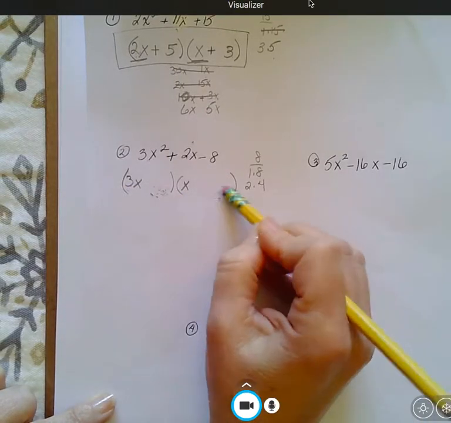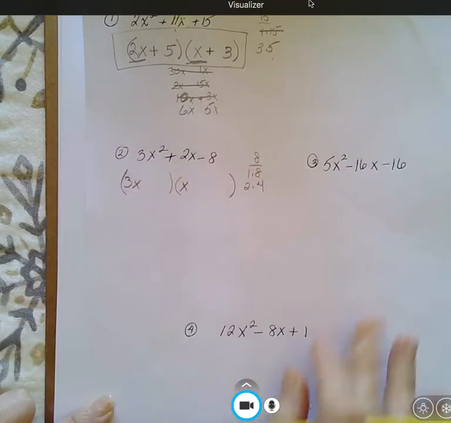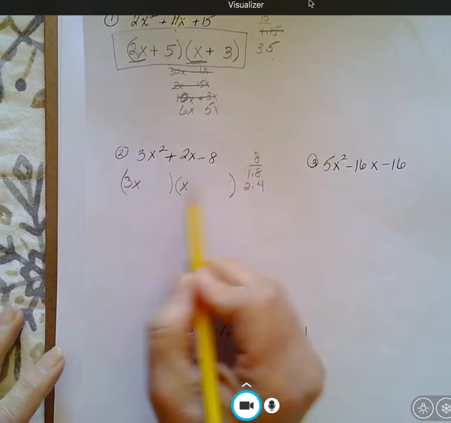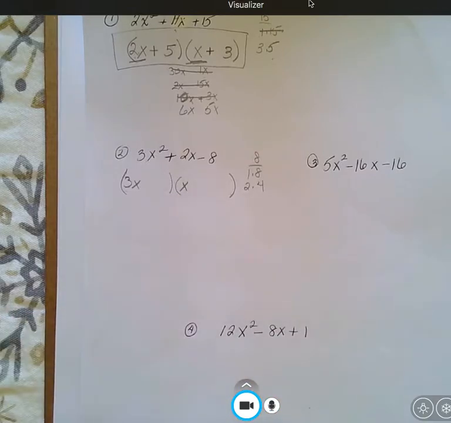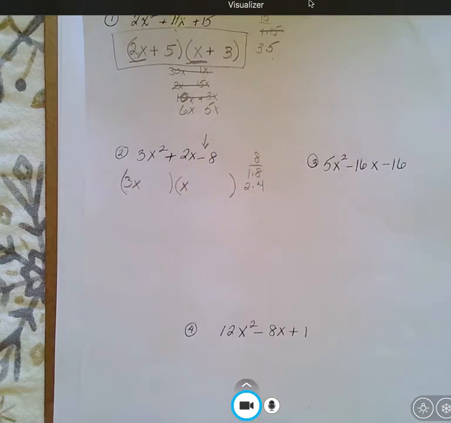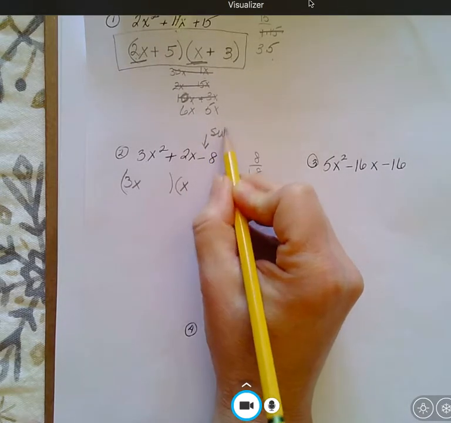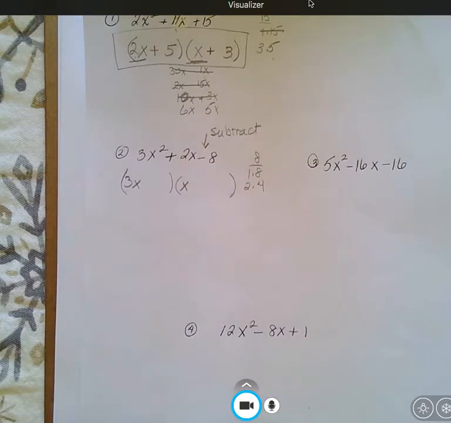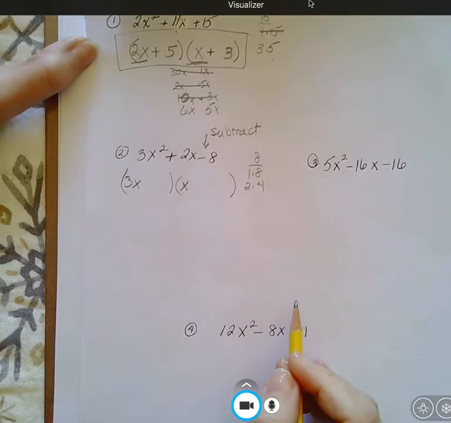Now I don't know where my signs go. That's going to be the very last thing that I do. But remember, this minus here tells you that we have to subtract. So just remember, when we check our inners and our outers, just subtract. Okay, so now let's move on.